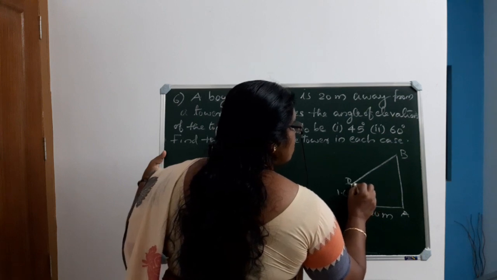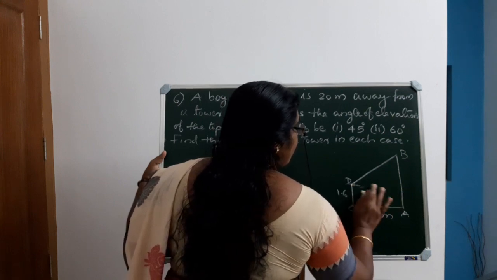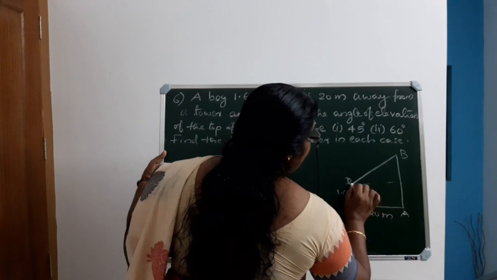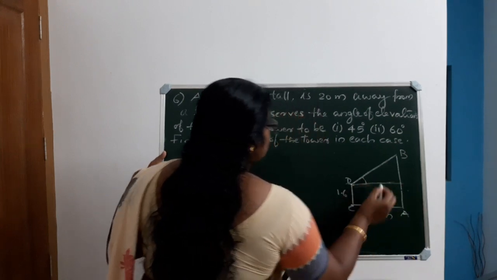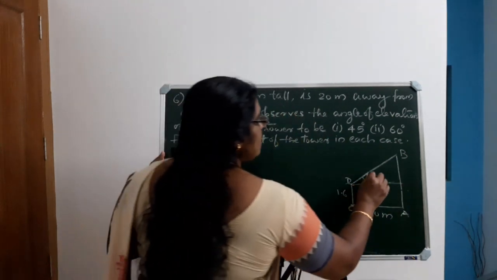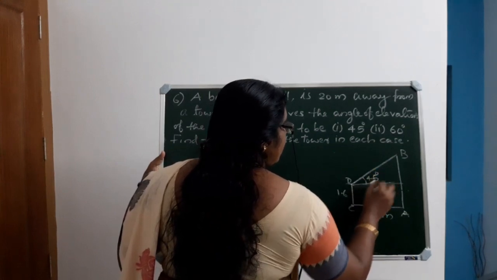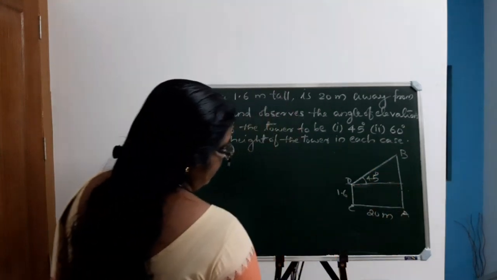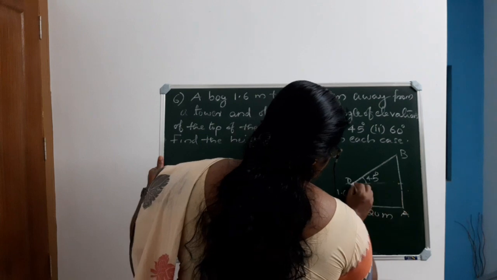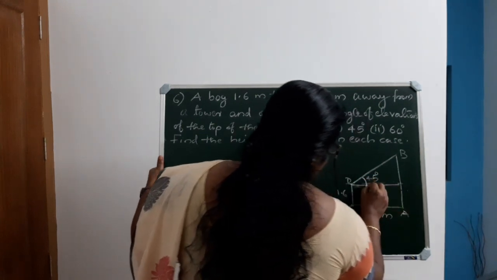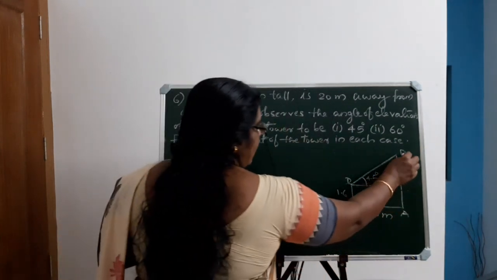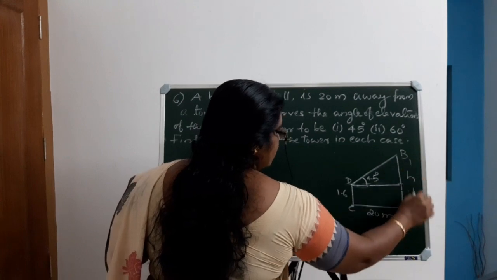So this is the horizontal line. Then angle of elevation is equal to, first part, 45 degree. What is height of the tower? We have to find height of tower. So that is AB. Let H be the height of the tower.